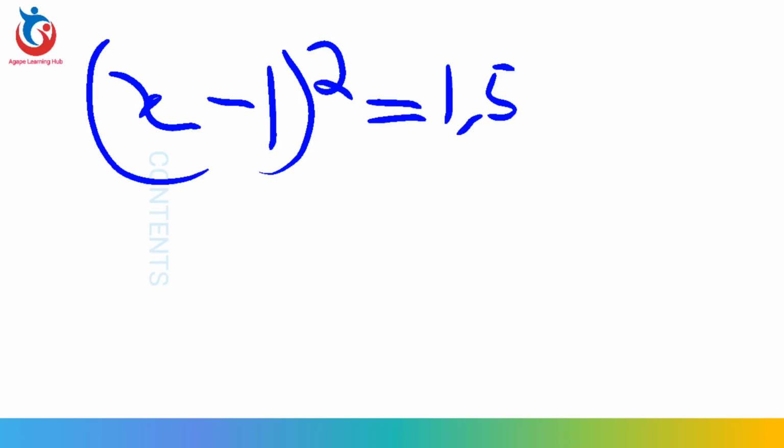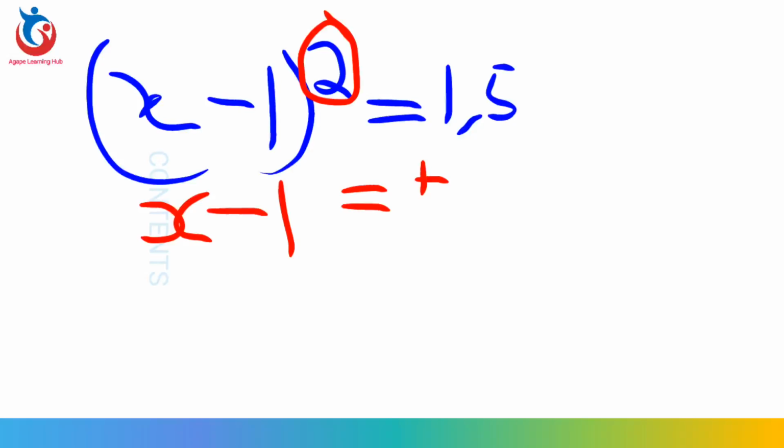All right, now, Miss Crystal, we need to get rid of this square. So in order to get rid of the square, we must find the square root of both sides. So we end up with x minus 1 equal to plus or minus the square root of 1.5.